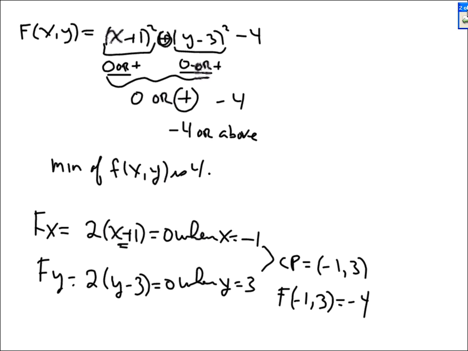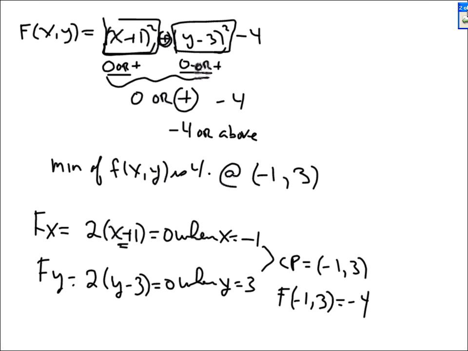Of course, we made this the least it can be, 0. That happens when x is negative 1. And we made this the least it can be, namely 0. That happens when y is 3. After all, 3 minus 3 is 0. When you square it, you get 0. Okay, so at negative 1, 3, that's the min.